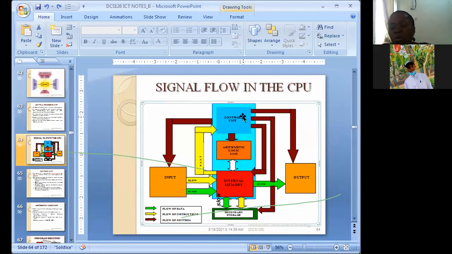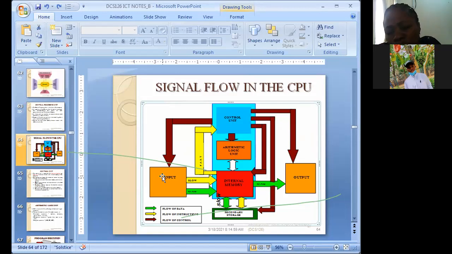So you can see the control unit controls the ALU, the arithmetic logic unit. You can see the arrow here from the control unit to the ALU. It controls also the internal memory. You can see the arrow. It also controls the secondary storage and it controls the input.